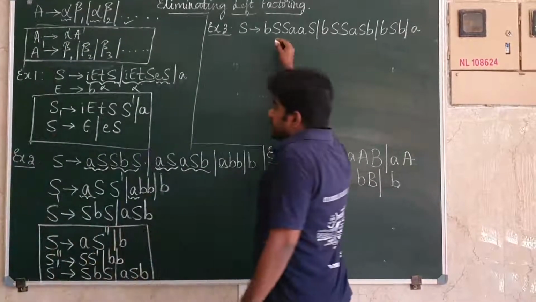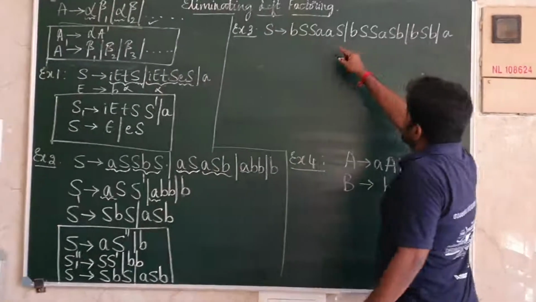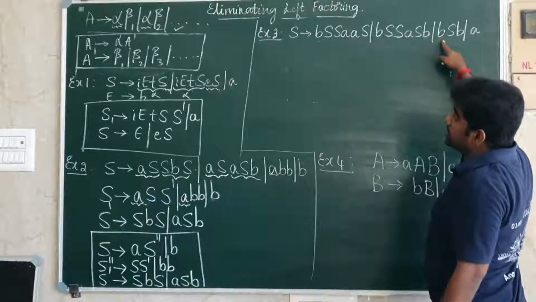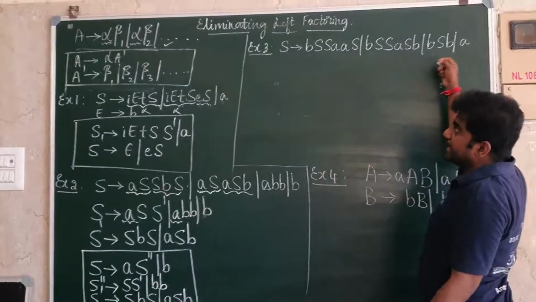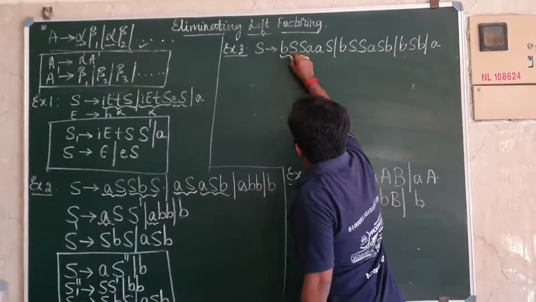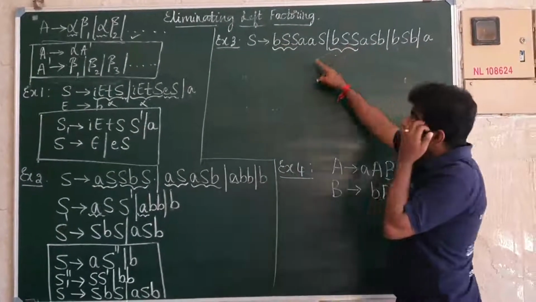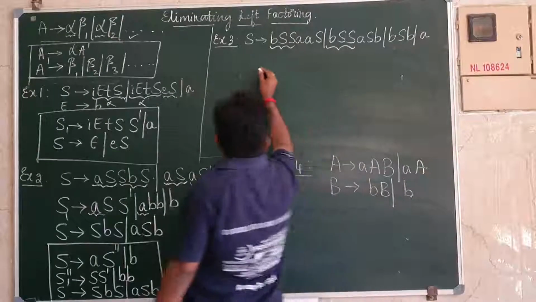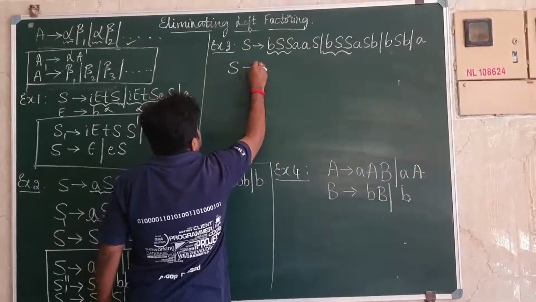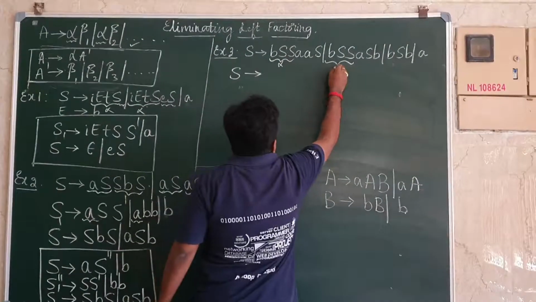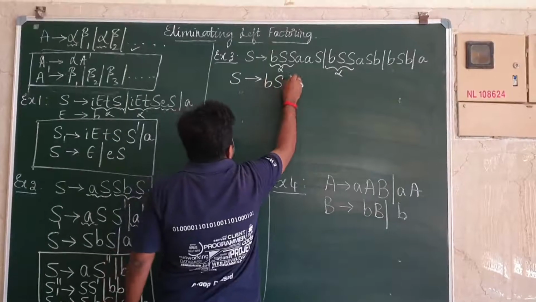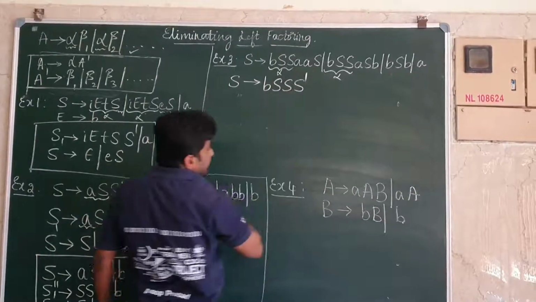Understood? We will see example 3. Here we again have 3 common productions. In these 3 productions we can take that, or we have BSS common in only these 2 productions. We can consider this one. So tell me, what is alpha? The common thing, B, S dash.